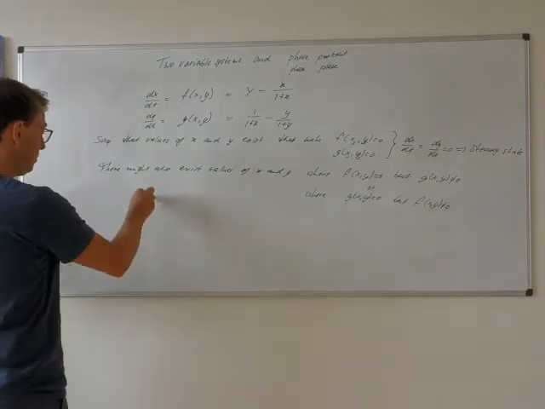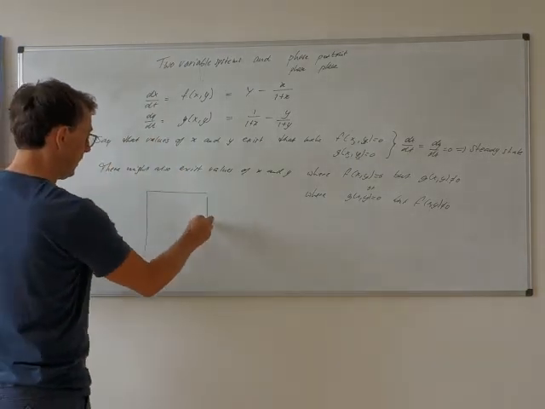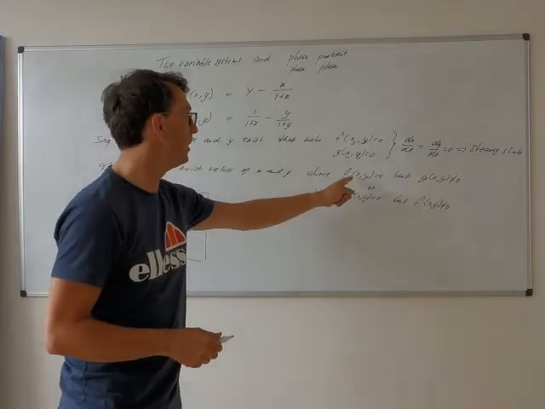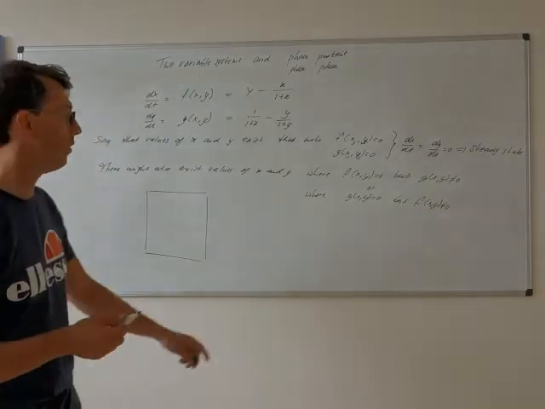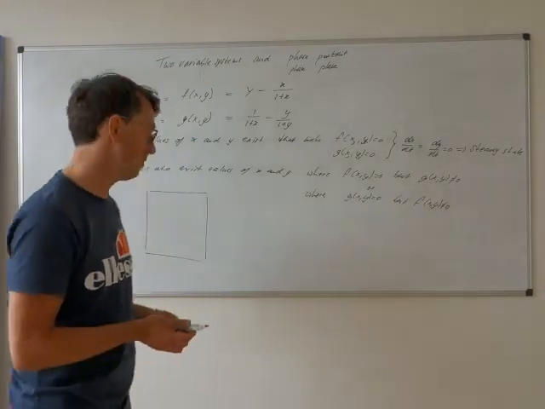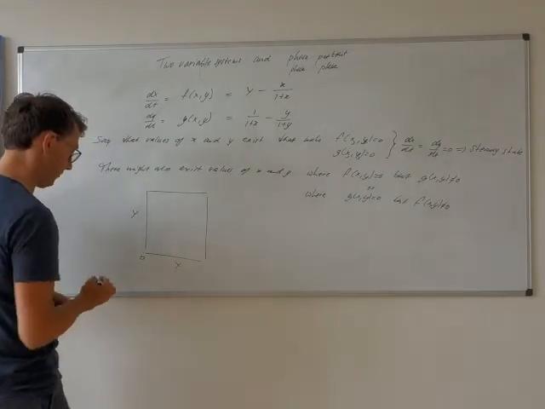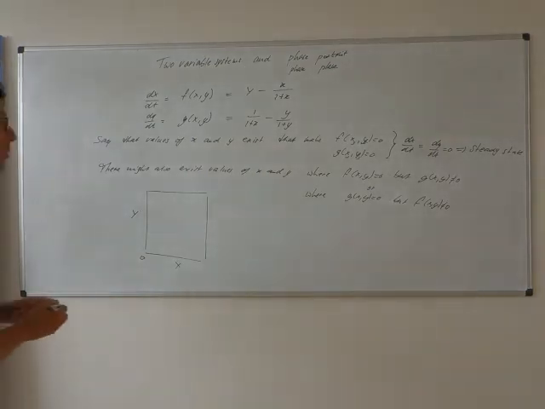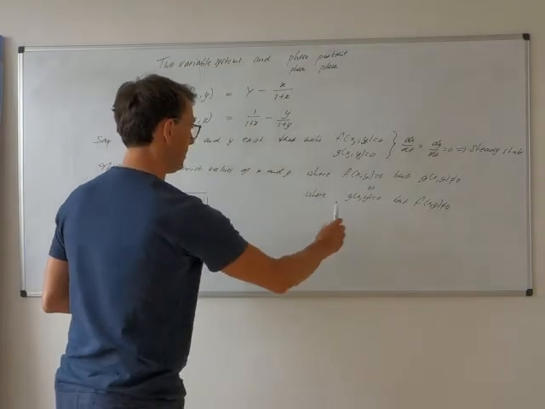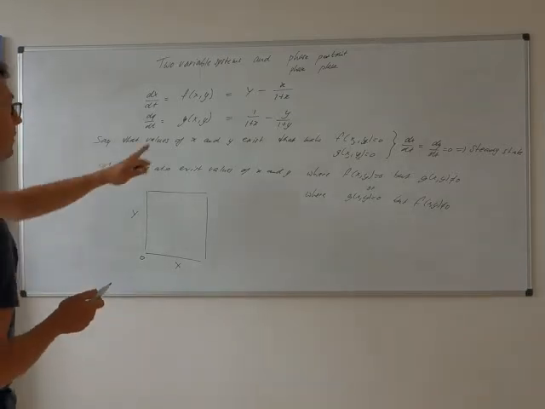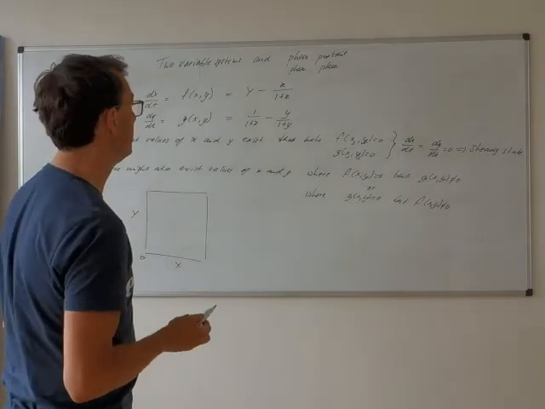So what we can try to do is plot the values of x and y where f is 0 and the values of x and y where g is 0 in a plot with x and y on the axes. So we get two curves, one for f equal to 0 and the other one for g equal to 0, and where they intersect we have the steady state, and then we can see whether that steady state is actually stable, right?